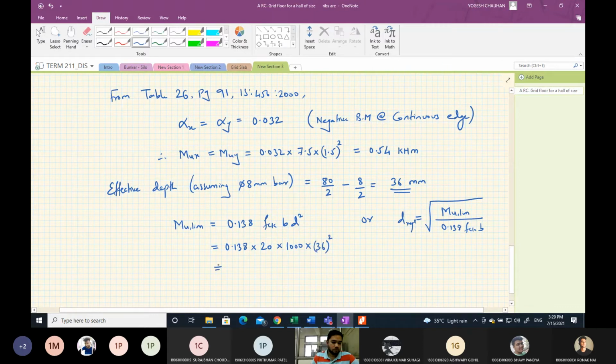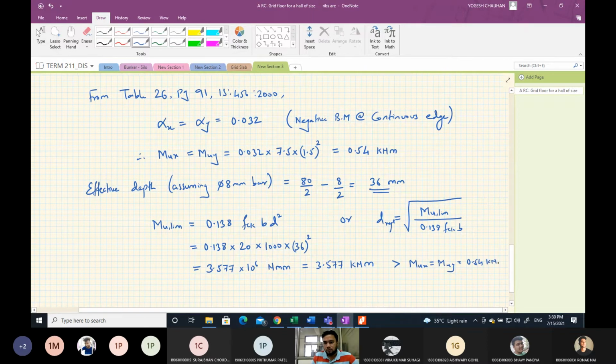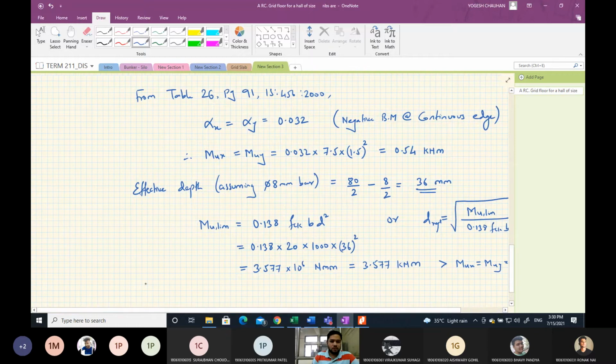So this will be equal to 3.577 into 10 to the power 6 Newton mm, that is equal to 3.577 kilonewton meter, which is greater than Mux equals Muy, which is equal to 0.54 kilonewton meter. So the depth, thickness is sufficient.